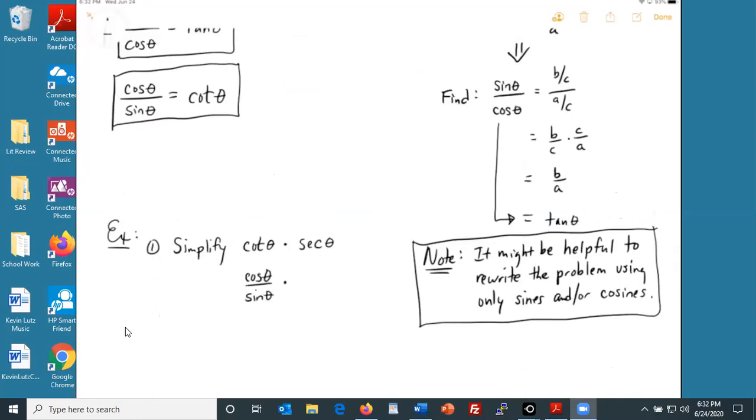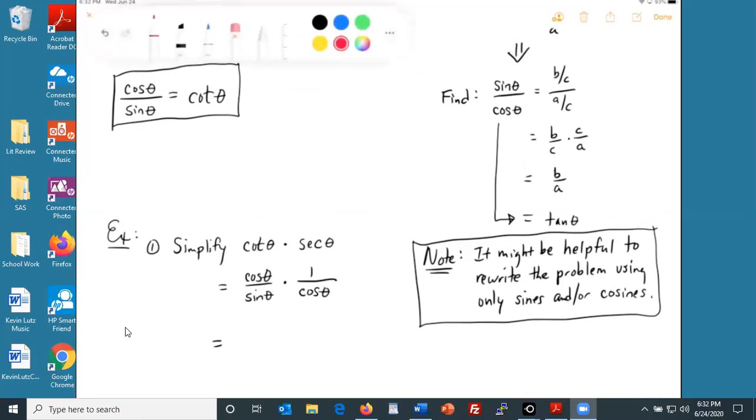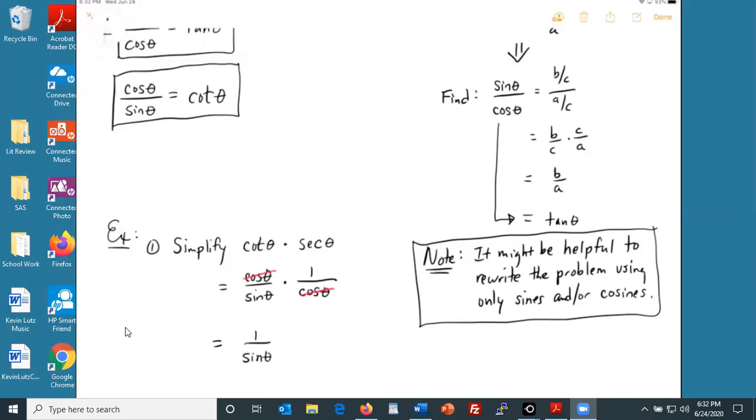And then after the times sign, secant, that's one of the reciprocal identities, is 1 over cosine. Then we see there's a common factor of cosine and cosine, so we can cancel those out. And then we get 1 over sine of theta. You can write that as your answer because you just simplified.